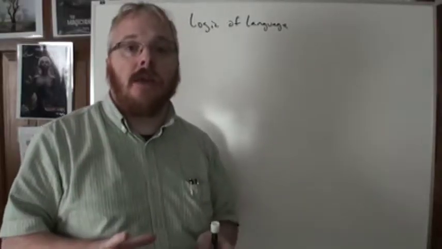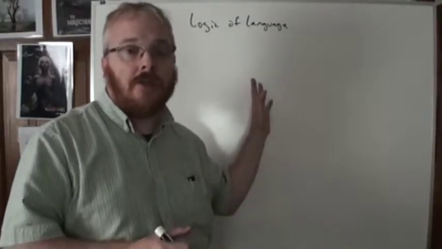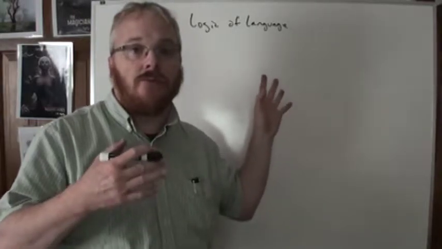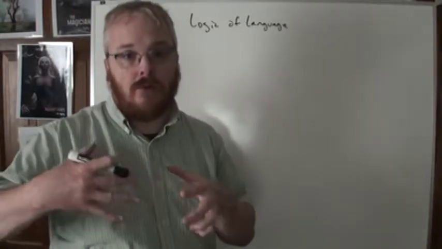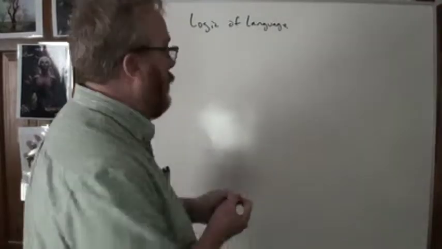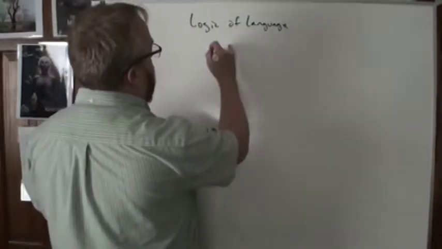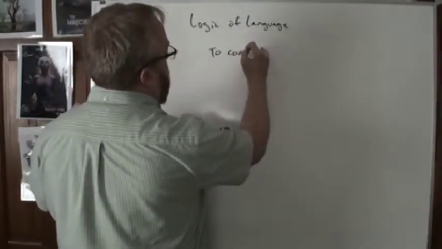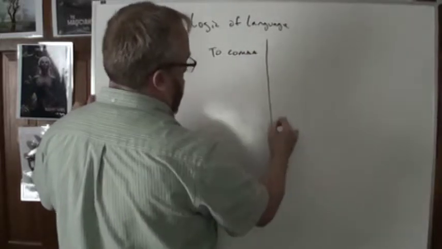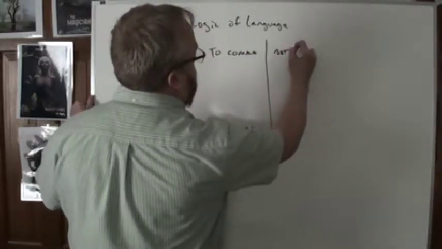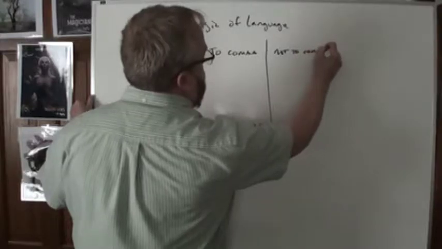Now, the next thing that we want to do with our logic of language is to look at to comma or not to comma. So we create our chart again: to comma, not to comma.